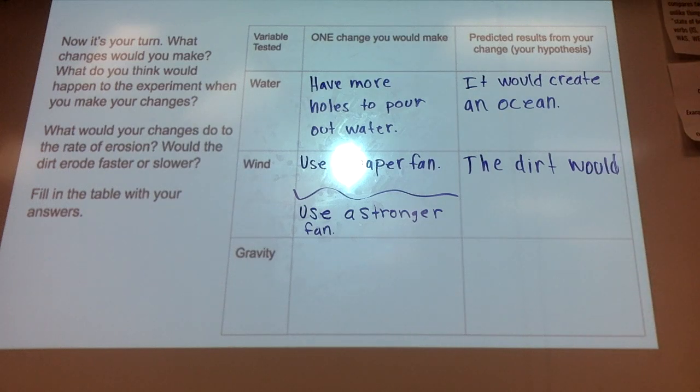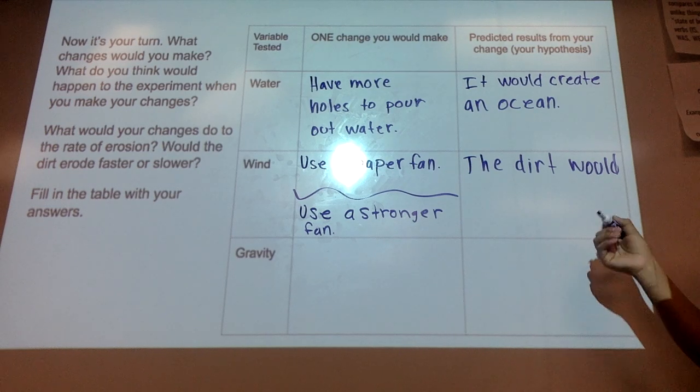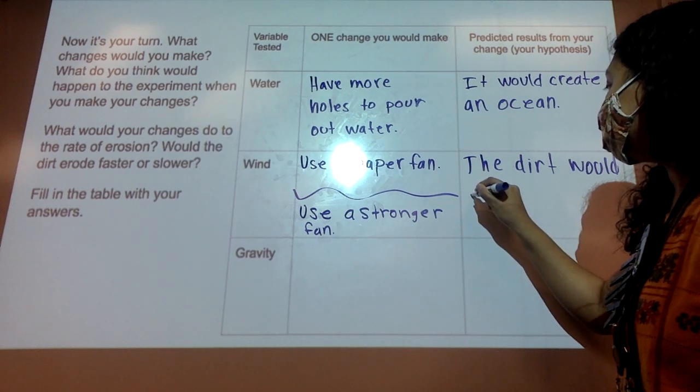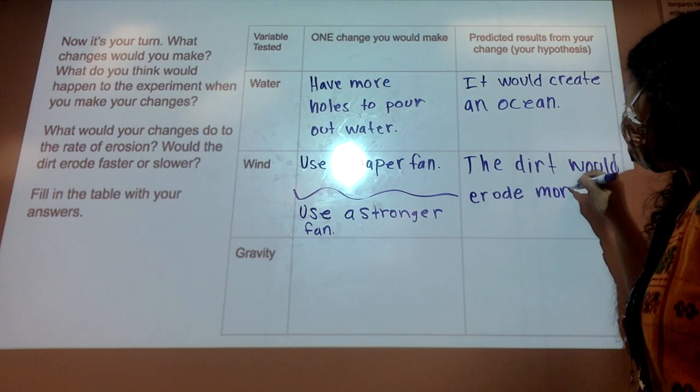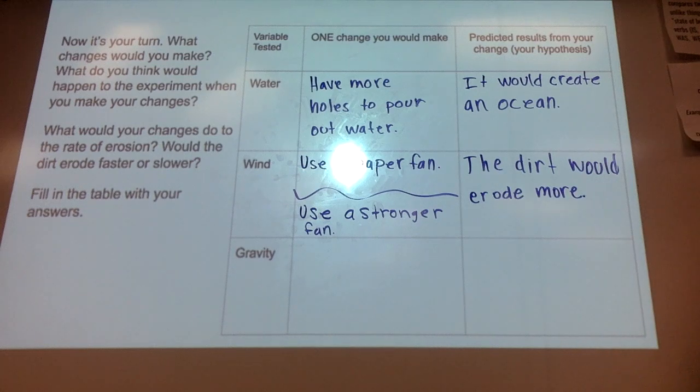Who has a hypothesis? The dirt would move more or less. Erode more. Okay, I like that. The dirt would erode more.